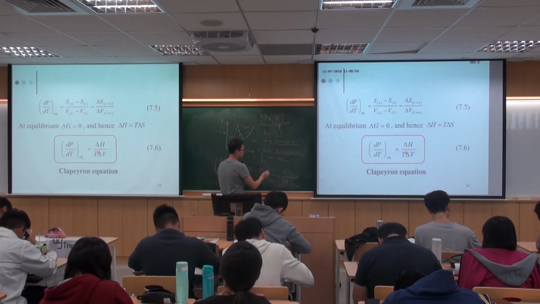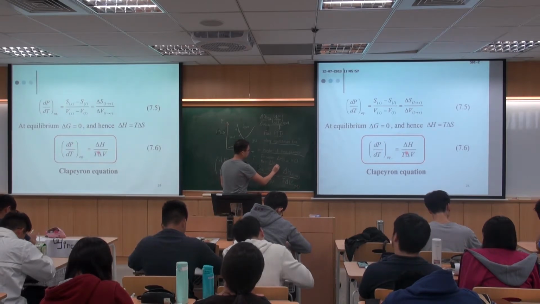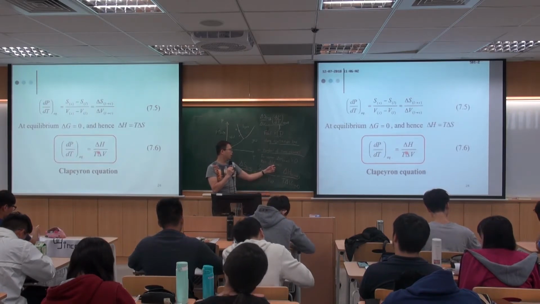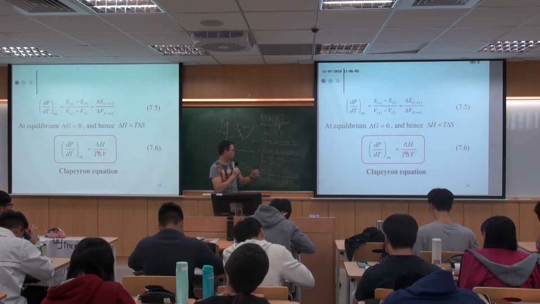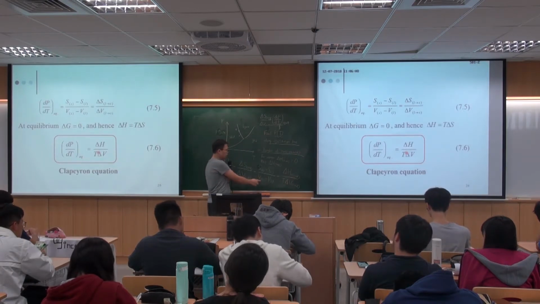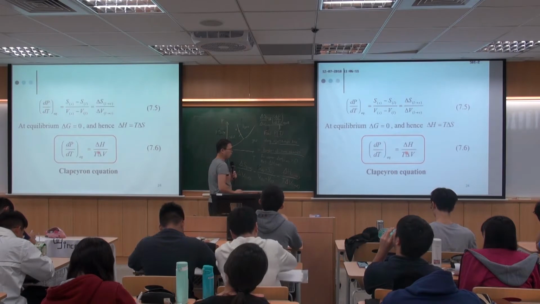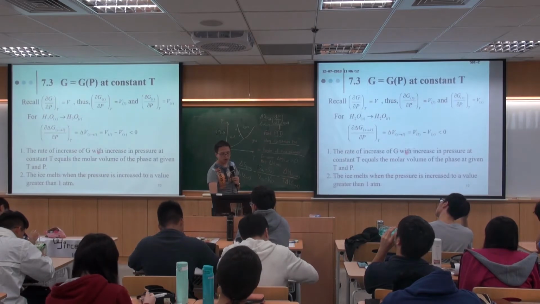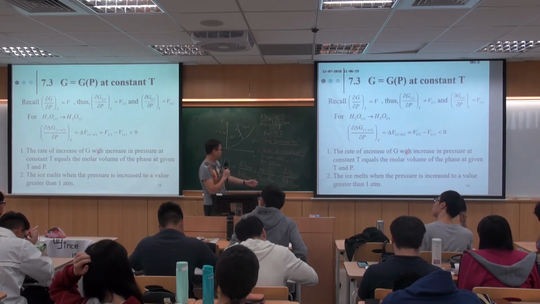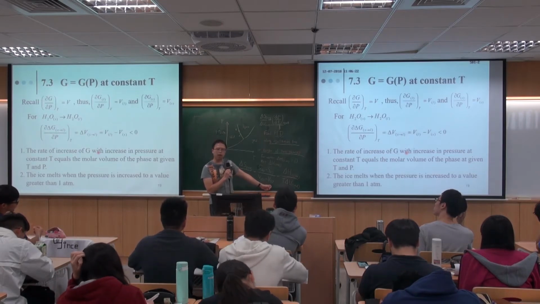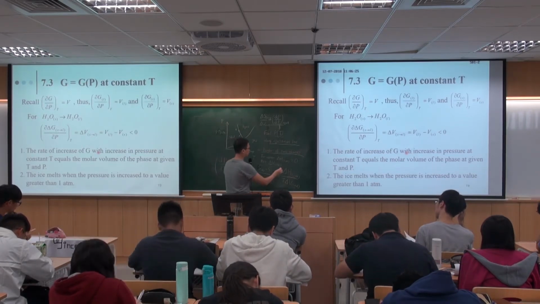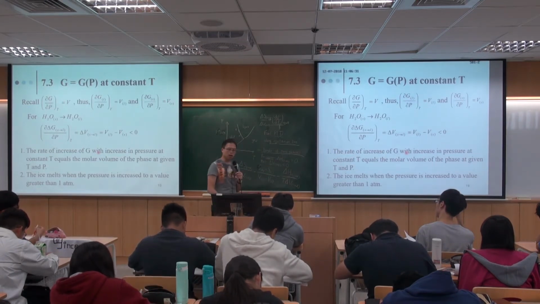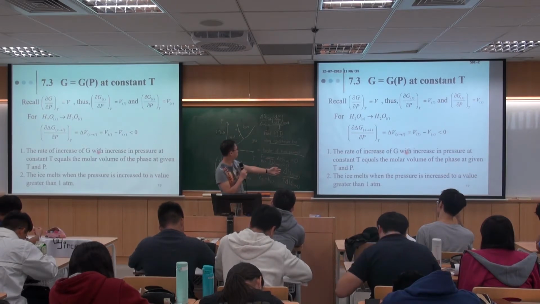But delta V is what? Again, this is the molar volume of liquid minus the molar volume of solid. And if you still remember what we stated earlier, water is an anomaly, right? So liquid minus solid is a negative number. If you're dealing with carbon dioxide, then this will be a positive number, right?